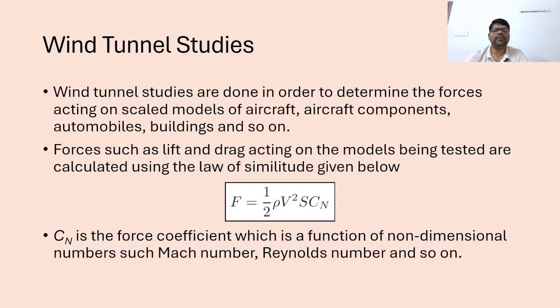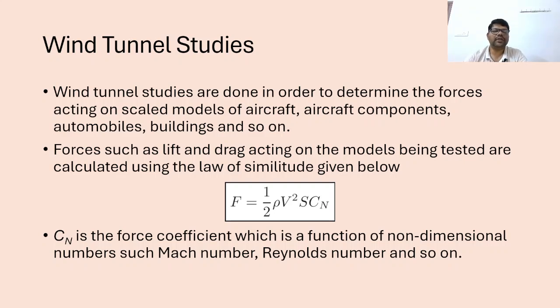You can see a familiar equation, where the force is equal to 1/2 rho V squared S C_n, where rho is the density, V is velocity, S is surface area or cross-sectional area, and C_n is the force coefficient. The C_n can be either the lift coefficient or the drag coefficient. If C_n is the lift coefficient, then you will be calculating the lift force using this equation.